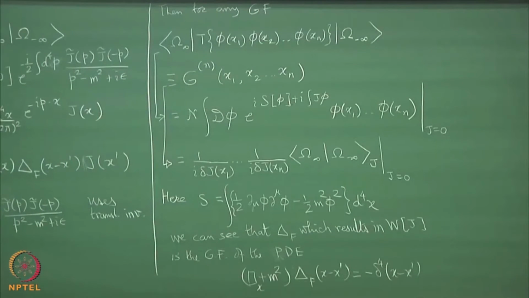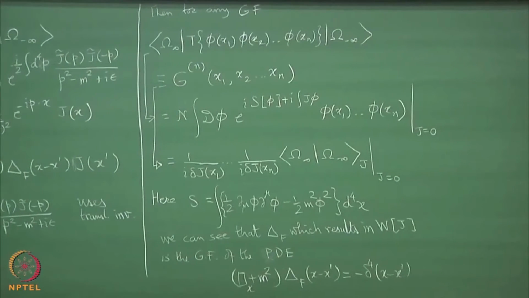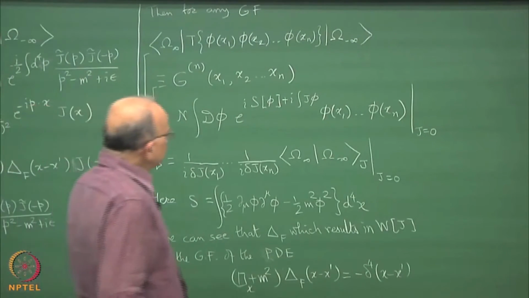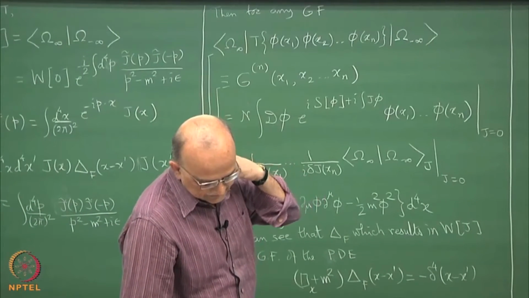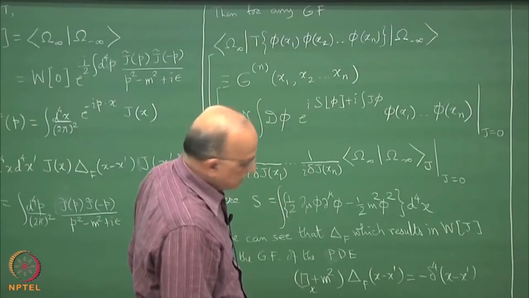So this can also be checked. So you can just see that that's exactly what you get. So far so good. Now we can do a very simple calculation in this particular case.